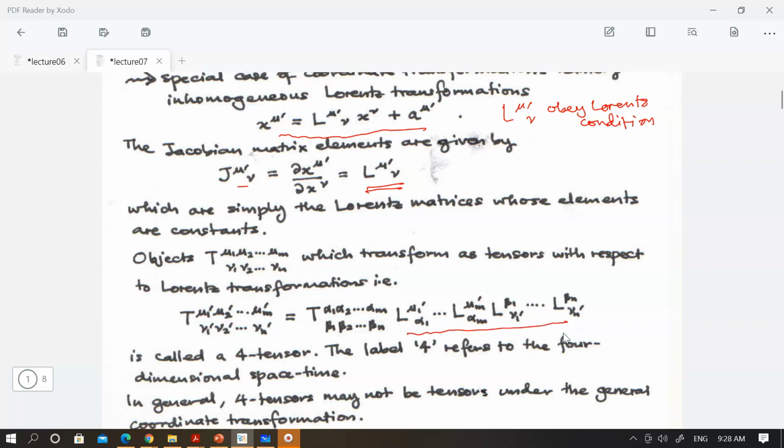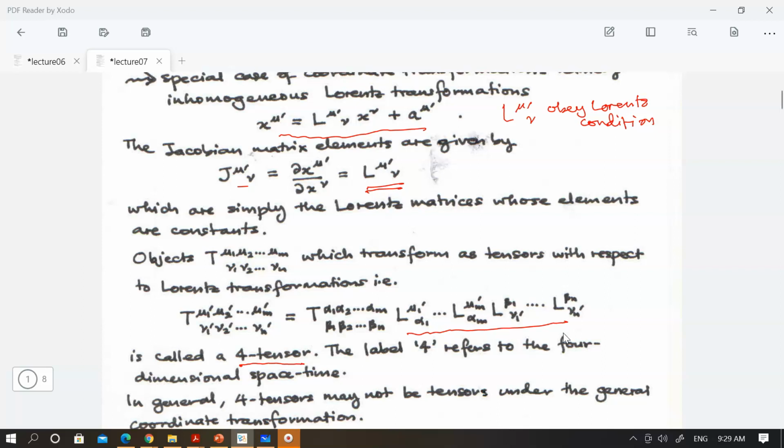And for those types of tensors which transform using the Lorentz matrices, we specialize it to be specifically called a four tensor, referring to the four-dimensionality of space and time.